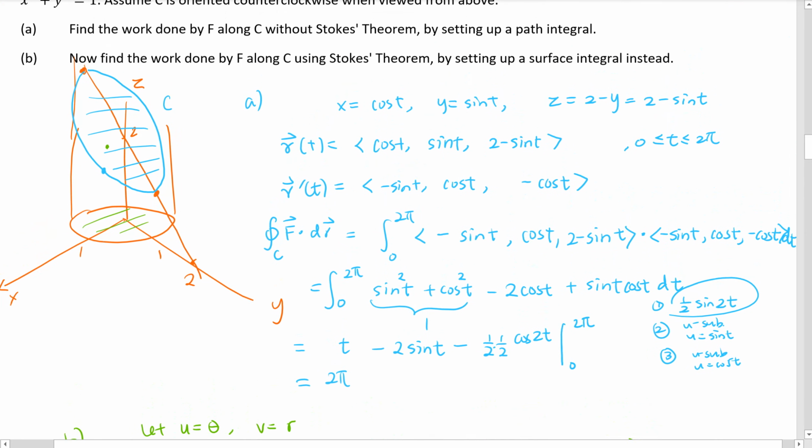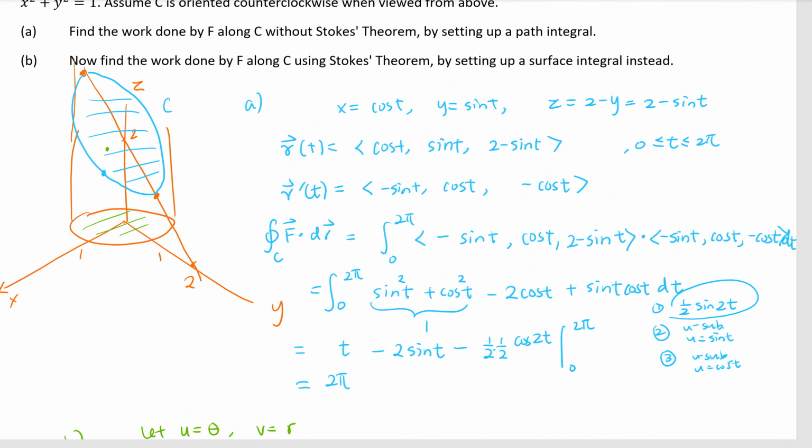So here, our orientation of C is counterclockwise. In this case, the normal vector should be pointing up.